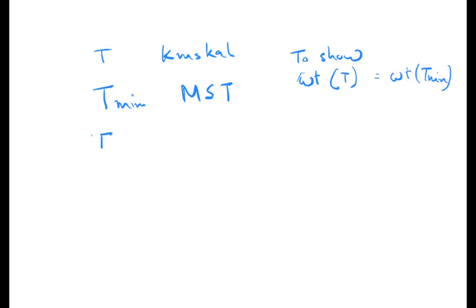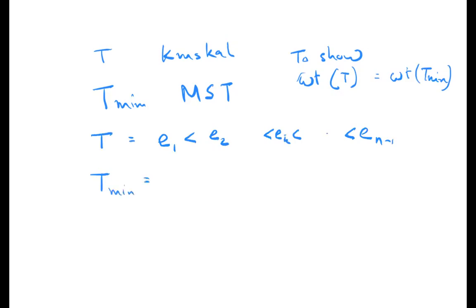So I can write this T as the set of edges E1, E2, till En minus 1, right? The ordering basically means that the weight of E1 is less than the weight of E2, which is less than E3, and so on. And what is T mean?